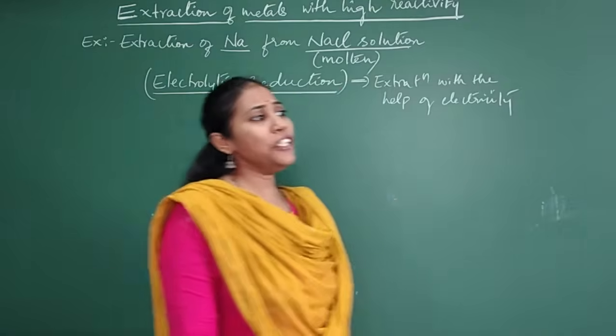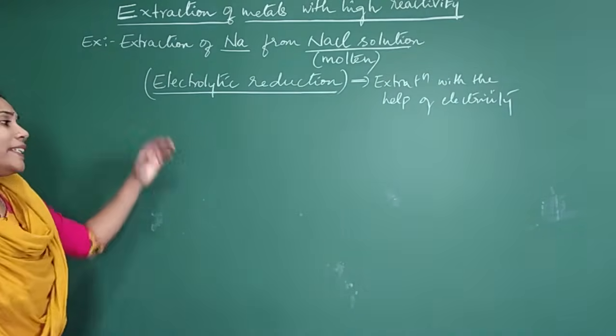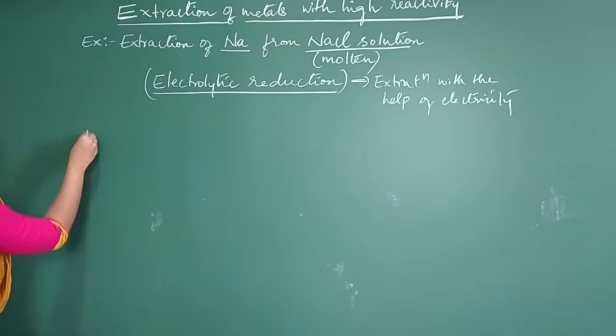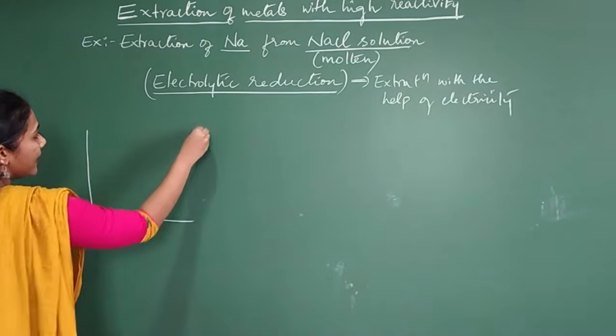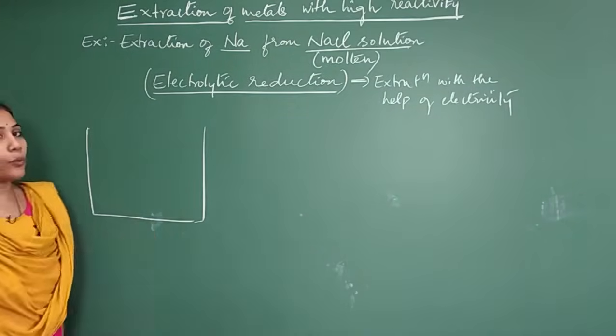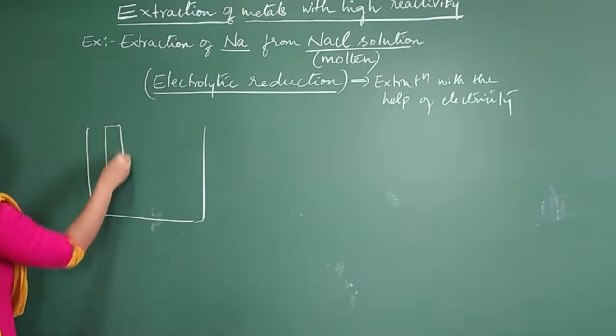So whenever you are using electricity for a particular reaction, you should imagine a completely different setup, where you will have a big tank, which we call an electrolytic tank. This is one vessel, where I will introduce two electrodes.